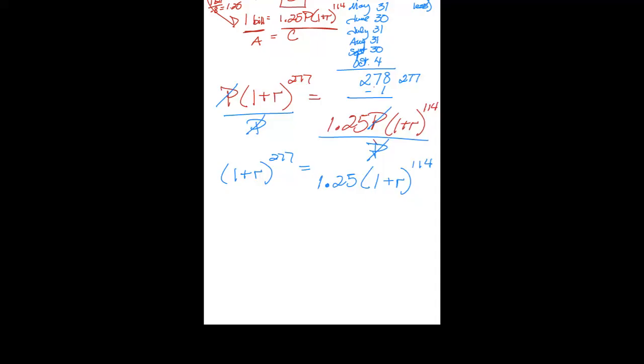Think back to your exponential rules. I have this base that is the same as this base. What could I do here to get them on the same side? Not yet, we're getting to that though.